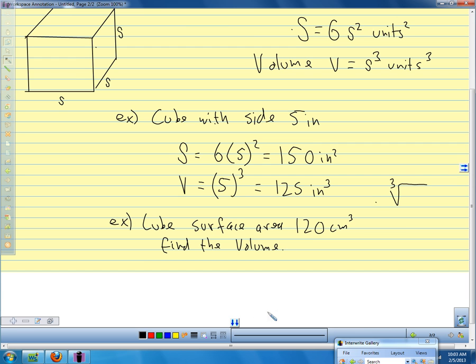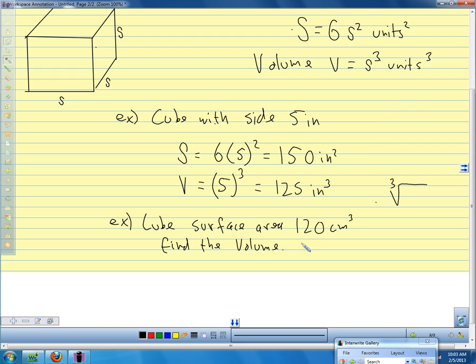Well, what do we need? What piece of information do we need to find the volume here? What goes into our formula to find the volume of a cube? The side. We need to figure out the side length.